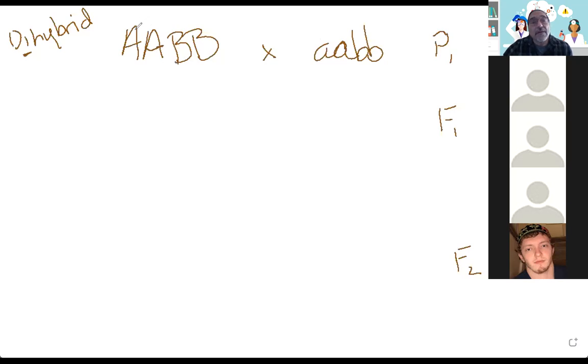Well, we know in the previous example, if we were only dealing with a single locus, we could have A. In this case, we have a second gene. So what gametes at this locus can be produced? Right?